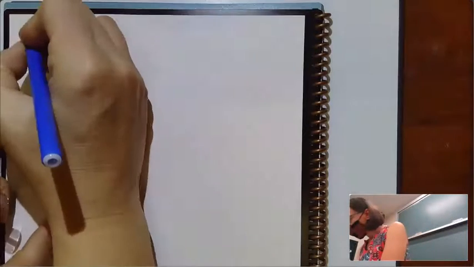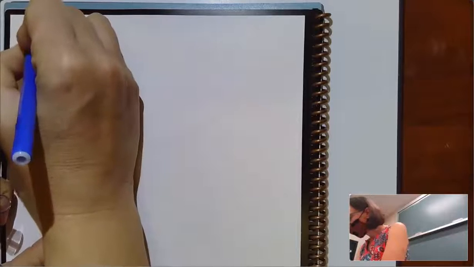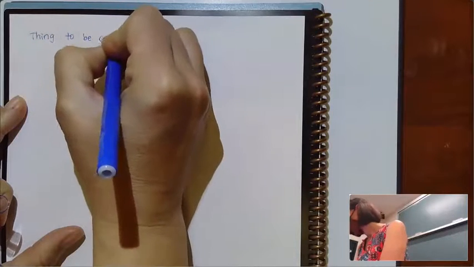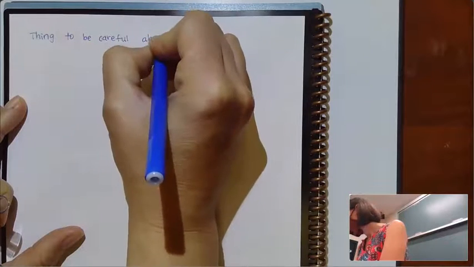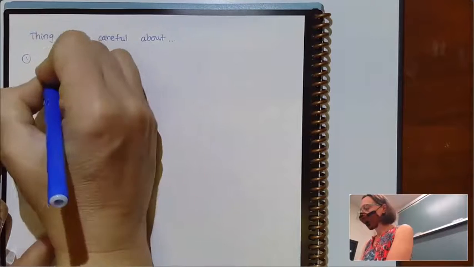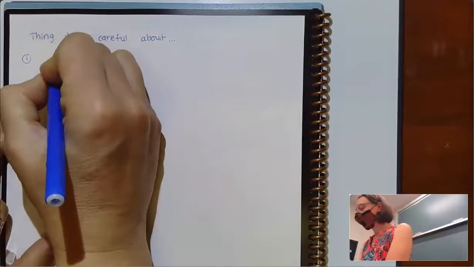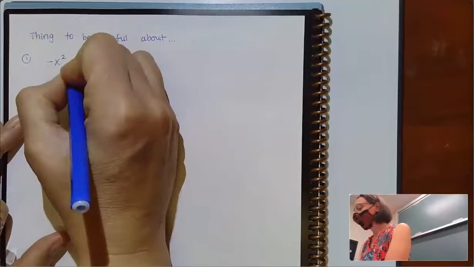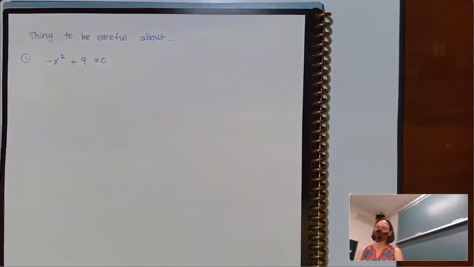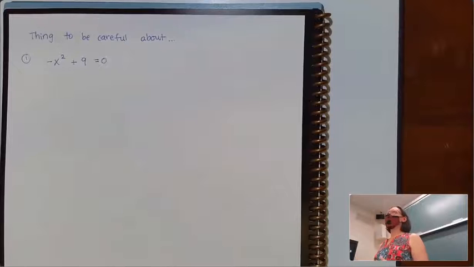I want to talk about just a couple of things that can go wrong when folks are simplifying quadratic formula. So these are just some things to be careful about. And the first one is that if I had negative x squared plus 9 is equal to 0, totally fine to use quadratic formula.